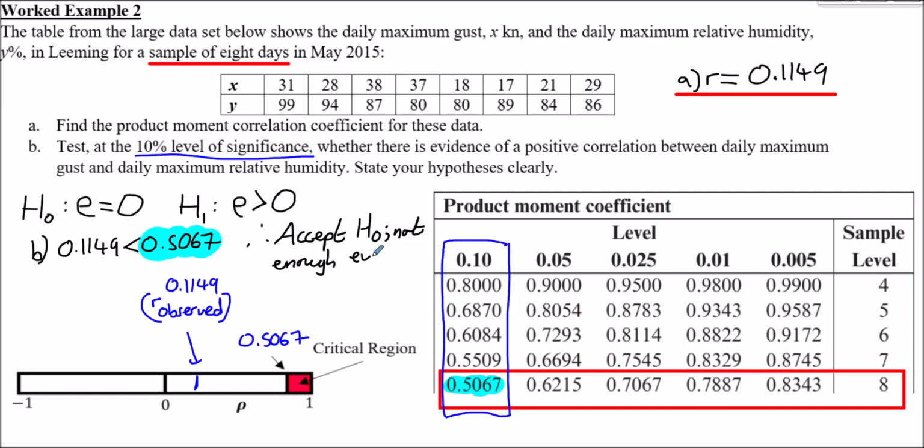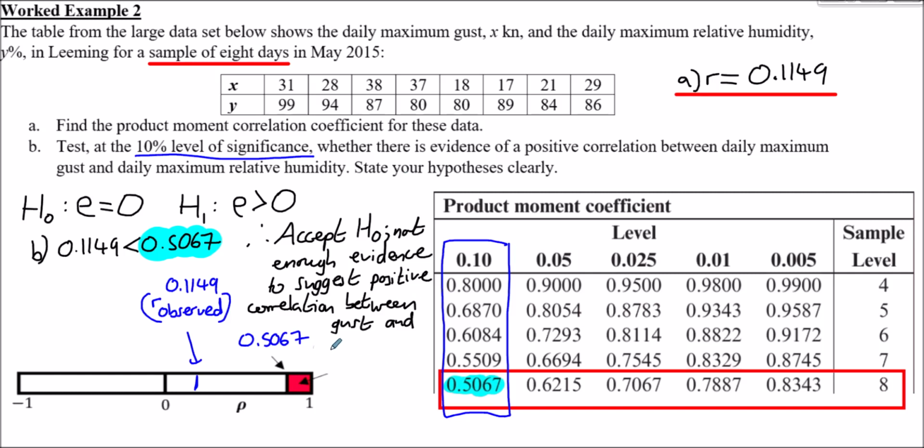I apologise again for my writing, I wish it was neater. But there's not enough evidence to suggest positive correlation between gust, and I've run out of space like a silly person, so forgive me for this.